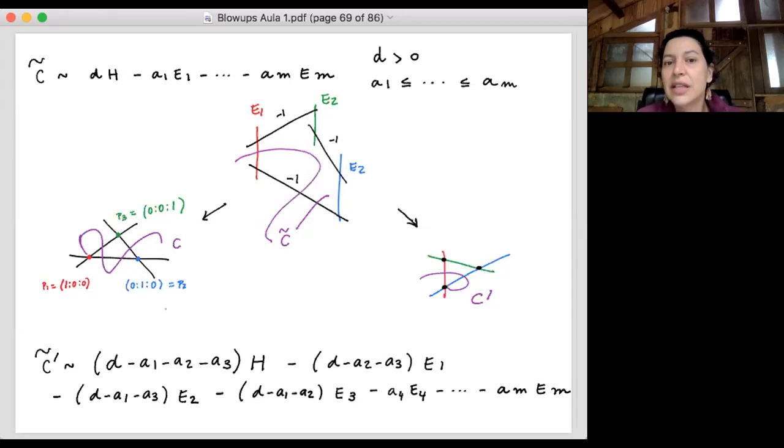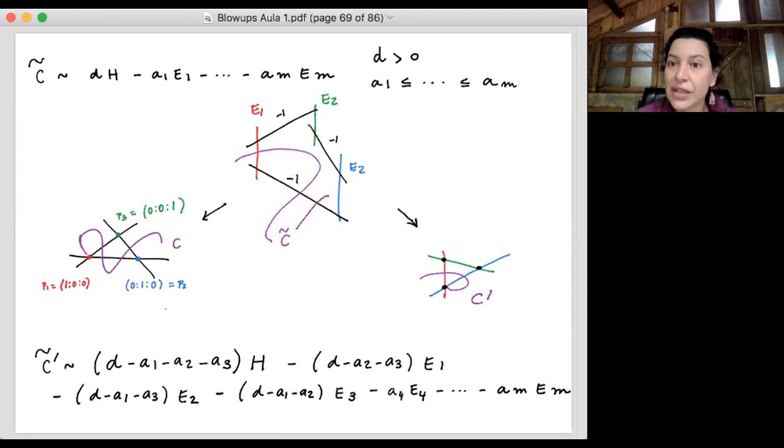then this is an easy computation using the change of basis that I explained earlier in the case of the blow up at 3 points. You can write down the image of this curve C under the Cremona transformation. This will be a curve of degree D minus A1 minus A2 minus A3.